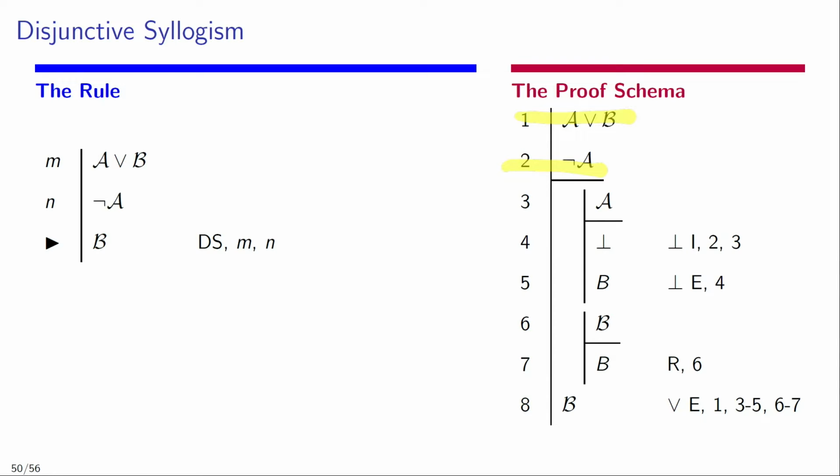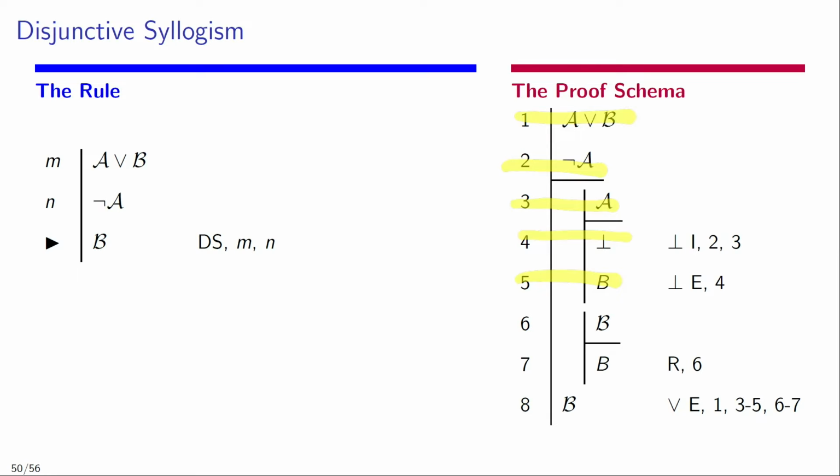We can then start a subproof that starts with the supposition that A, infer bottom, citing bottom introduction, infer B, citing bottom elimination.